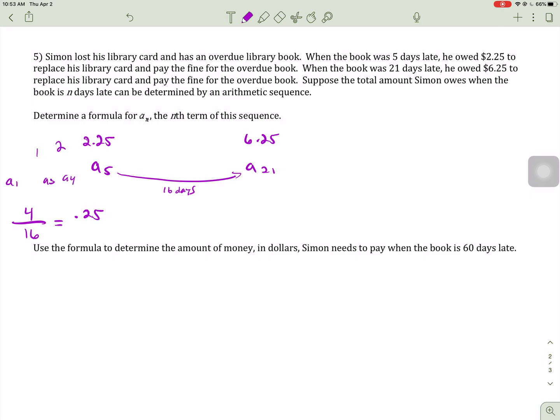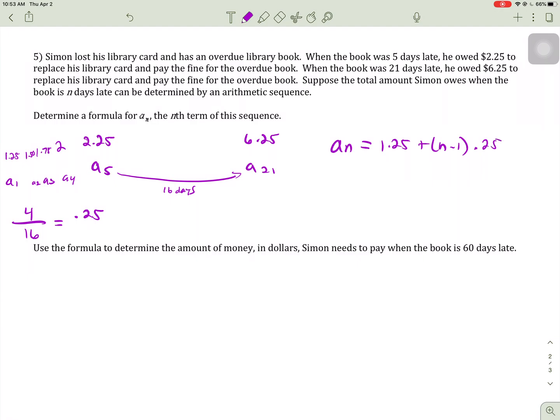A sub 3 will be $1.75. A sub 2 will be $1.50. A sub 1 will be $1.25. So the first day it's late, it's $1.25. So we get a sub n equals $1.25 plus n minus 1 times common difference, 0.25.